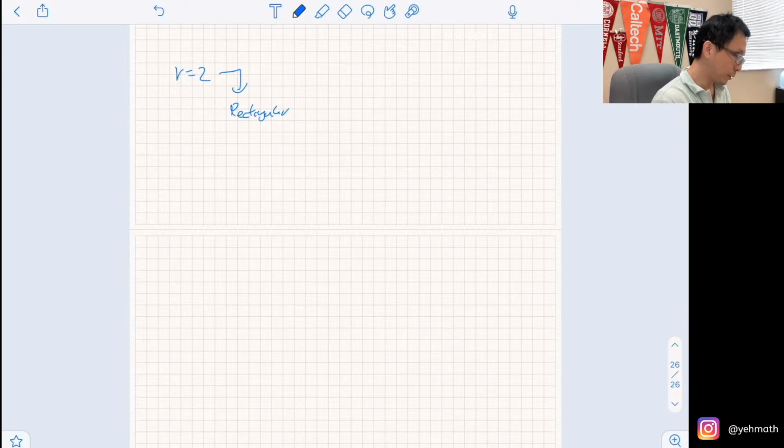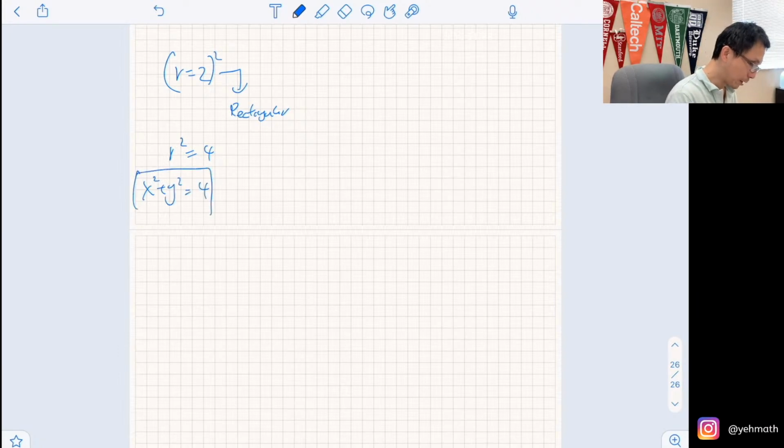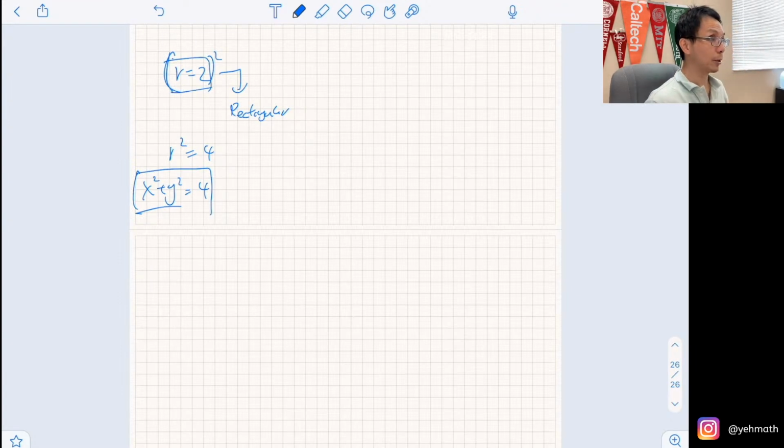What you're going to do is square both sides first, and that's going to be r squared equal to 4, and r squared is equal to x squared plus y squared, which is equal to 4. Does that make sense? This is a polar equation, even though it doesn't look like an equation. R equal to 2 is much simpler to change back to rectangular without a hiccup.